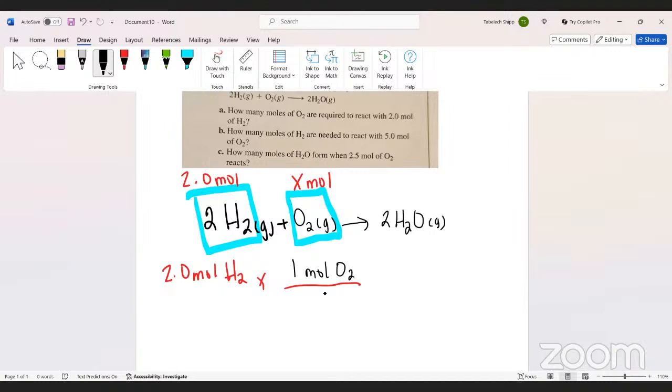That 1 mole comes from the coefficient for oxygen. On the very bottom, we put 2 moles of hydrogen, which comes from the coefficient in your balanced equation. Now you simply cross out your moles of hydrogen, but you still need to multiply your numbers. 2.0 times 1 is 2, divided by 2 again, and you end up with 2.0 moles of oxygen. It's that simple.